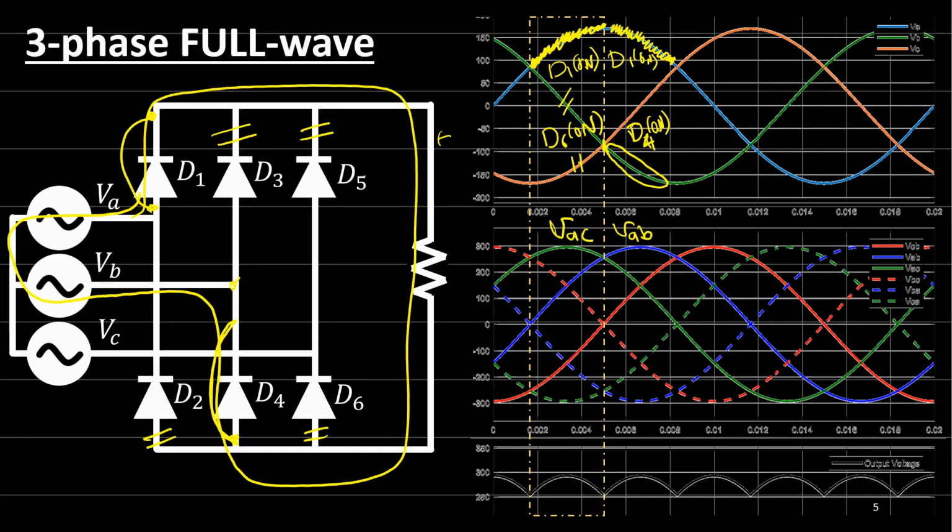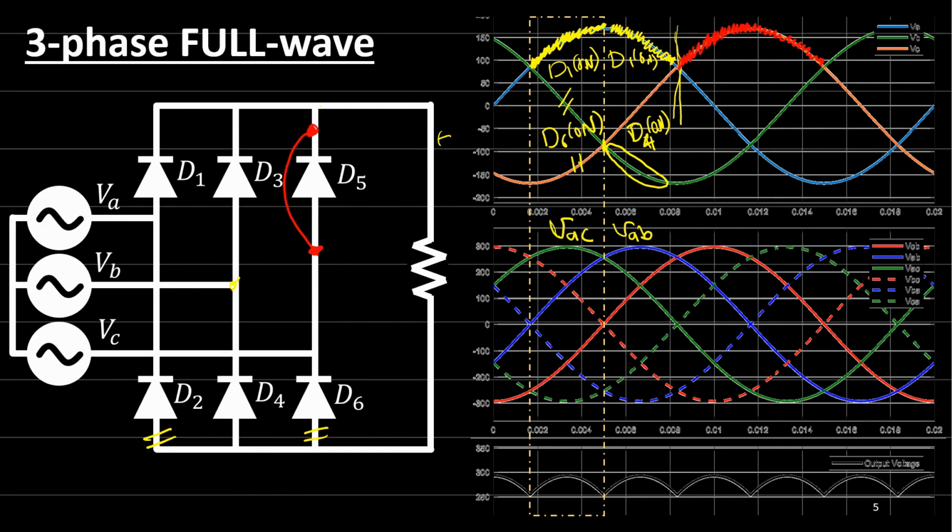Now, here at this moment, VC is larger than VA and VB. So VC, which is diode 5, the positive part, diode 5 is conducting here, and then other diodes will be off.